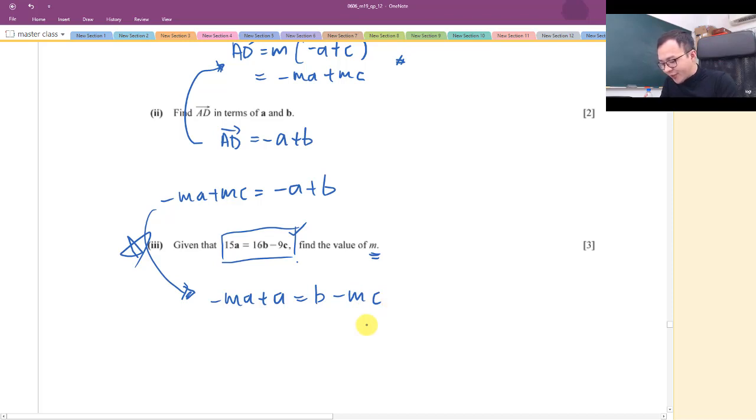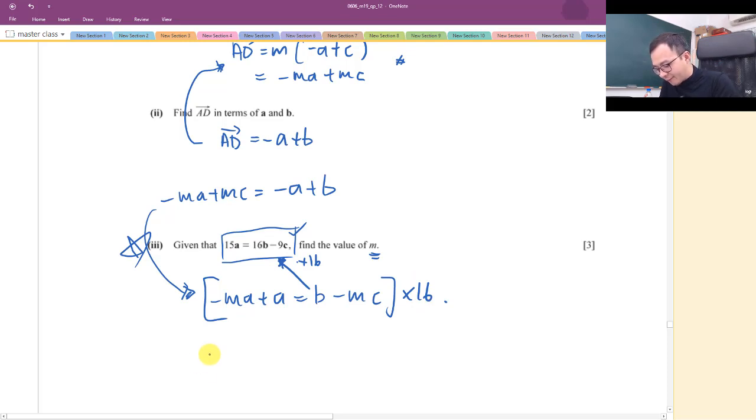Alright, so over here on A I have some unknown, on C I have some unknown, only B doesn't have any unknown here. So therefore I try to make my B become 16B. I will need to multiply by 16 for the whole equation.